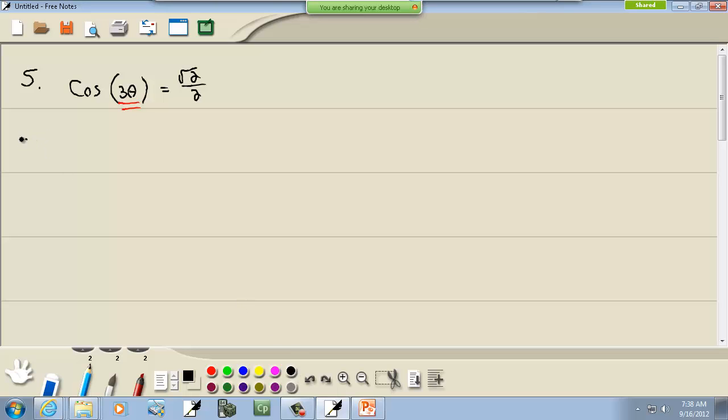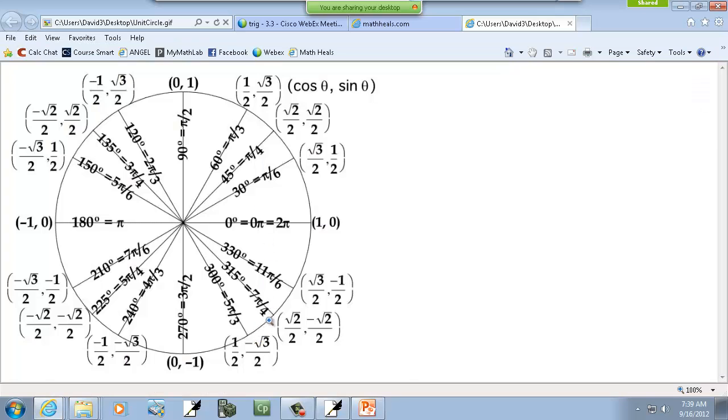Okay, so we're going to look where cosine of something is equal to square root of 2 over 2. And we said it was pi over 4. And we also said it was down here, 7 pi over 4.